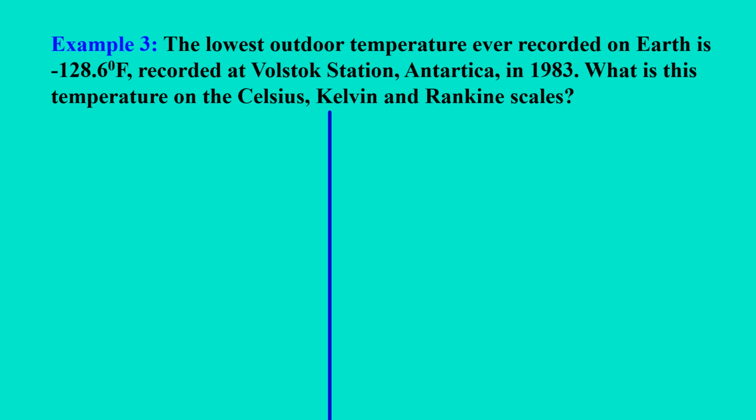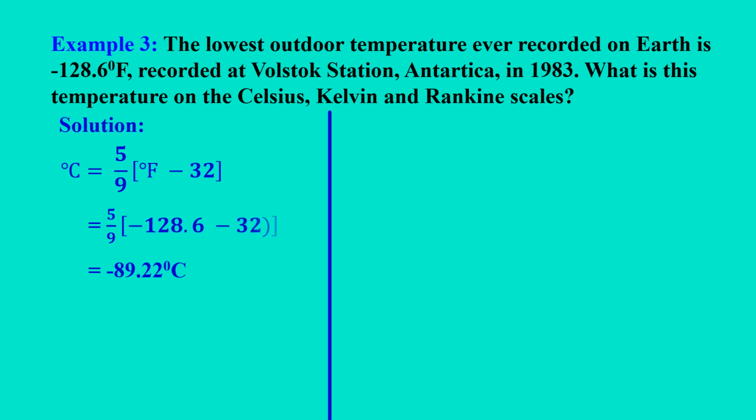Example number 3. The lowest outdoor temperature ever recorded on Earth is negative 128.6 degrees Fahrenheit, recorded at Vostok Station, Antarctica in 1983. What is this temperature on the Celsius, Kelvin, and Rankine scales? Solution. Degrees Celsius equals 5 over 9 times the quantity degrees Fahrenheit minus 32. Substituting the values and simplifying, we get negative 89.22 degrees Celsius.